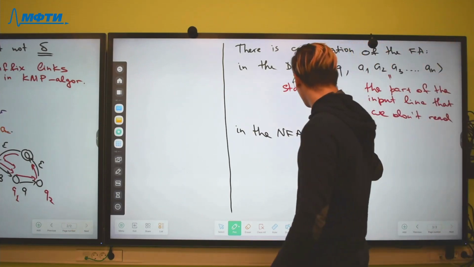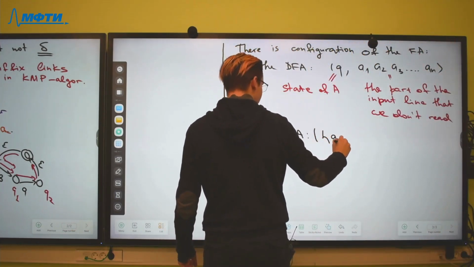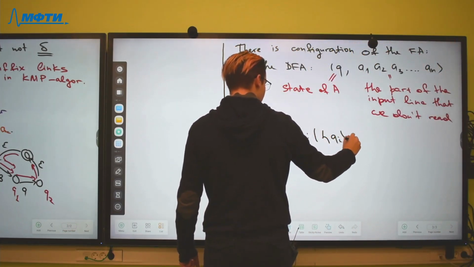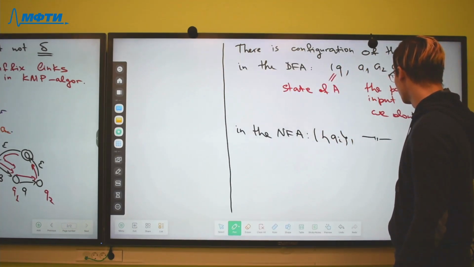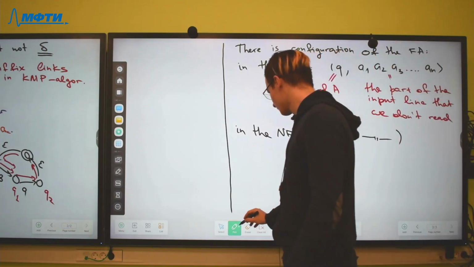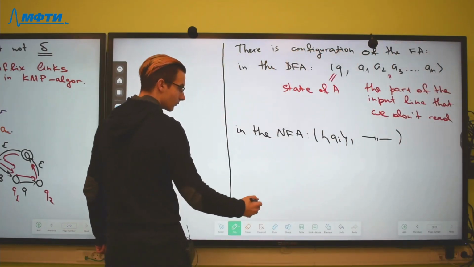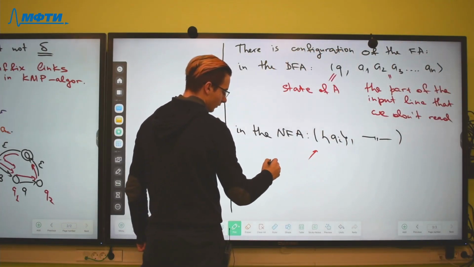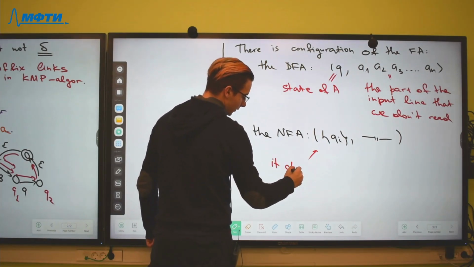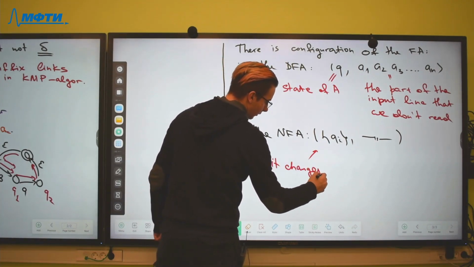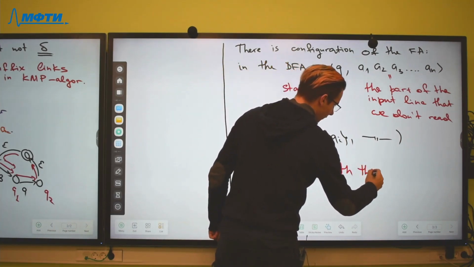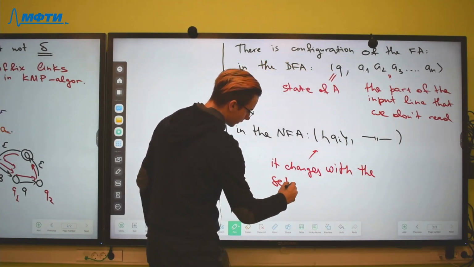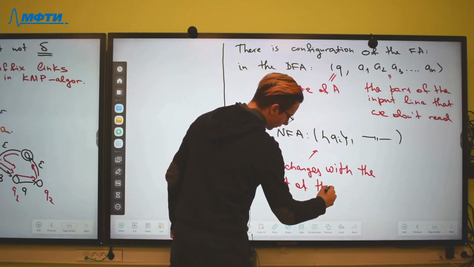We can have a set of the states, and here it is the same. It changes. Where is the set of states?